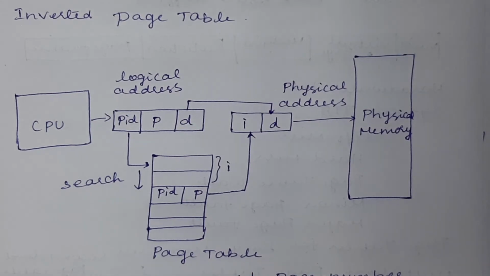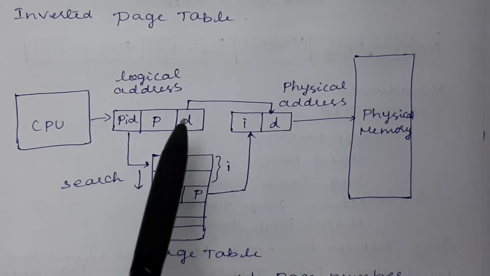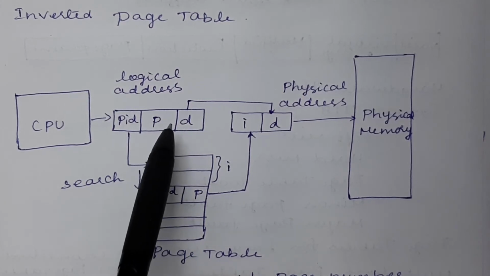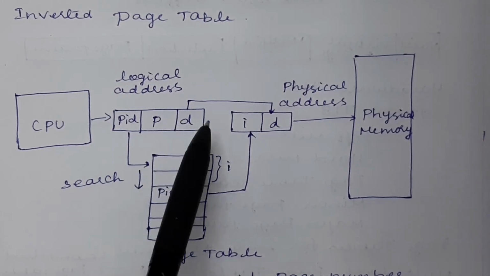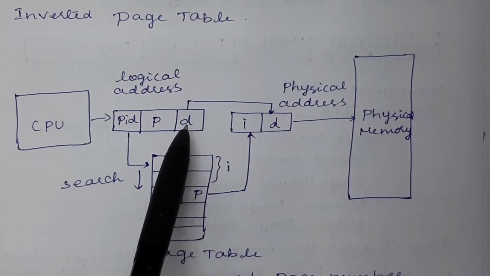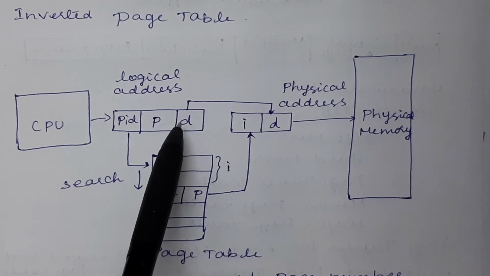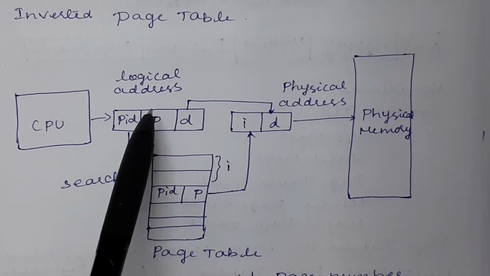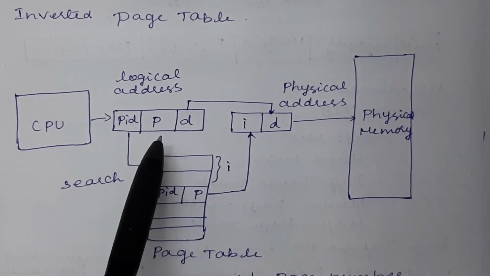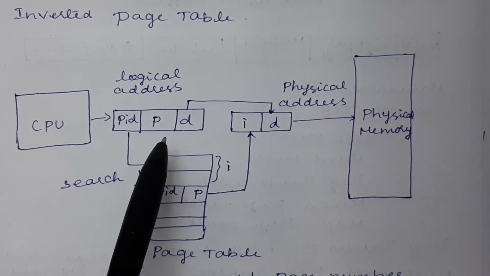One is the process identifier, the next one is the page number, which means the virtual page number, followed by the offset. Here D represents the offset, or displacement, the distance between the starting address of that page and the actual location of the instruction or the content.